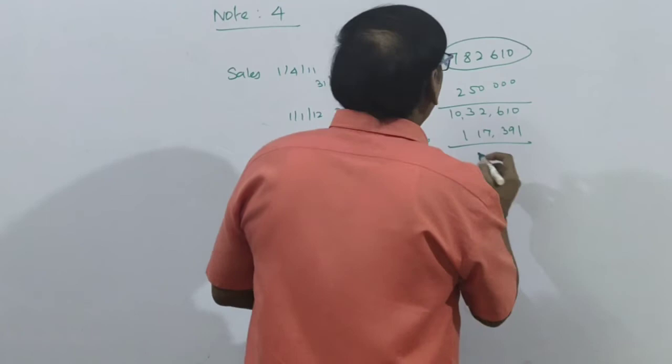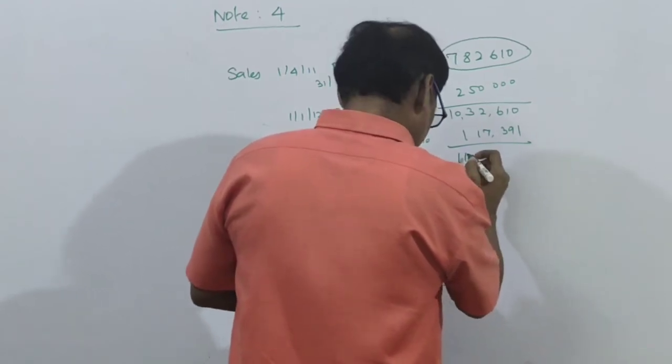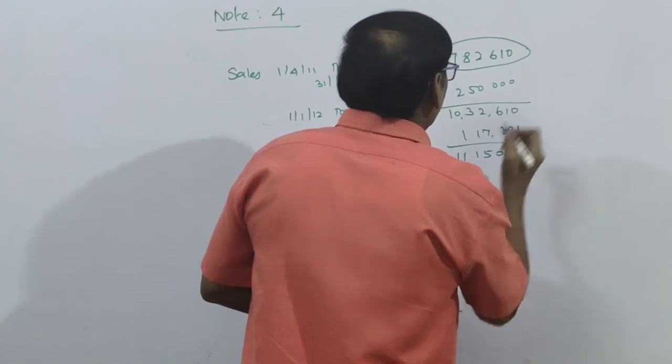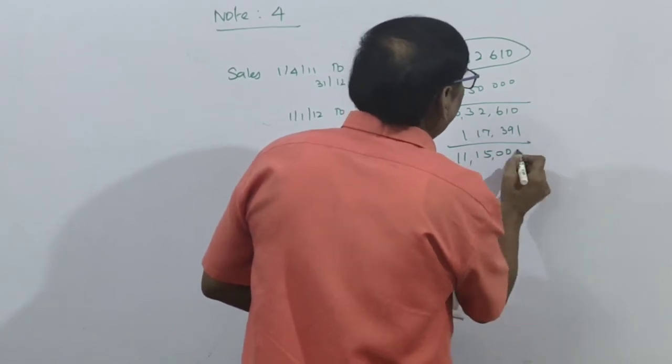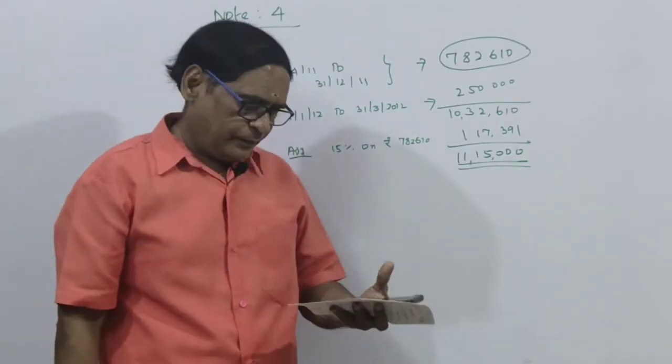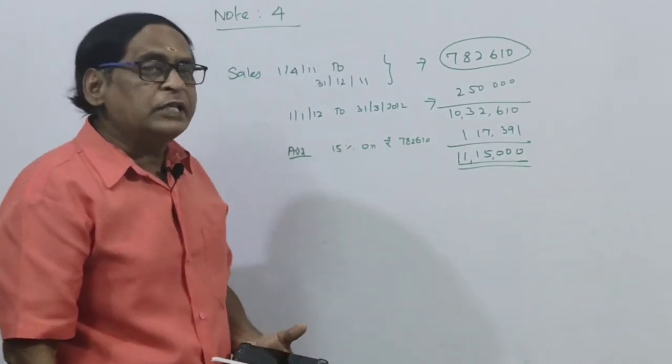If we calculate, it will come around 11,15,001; you can make it a round figure of 11,15,000. So this is the adjusted turnover. Now we have to find out the gross profit.